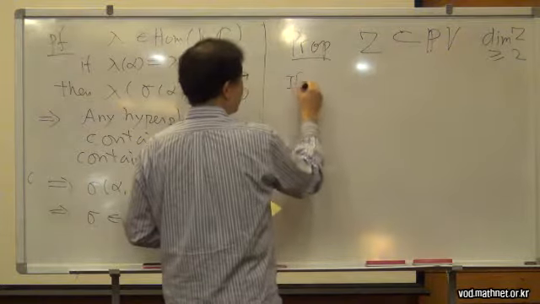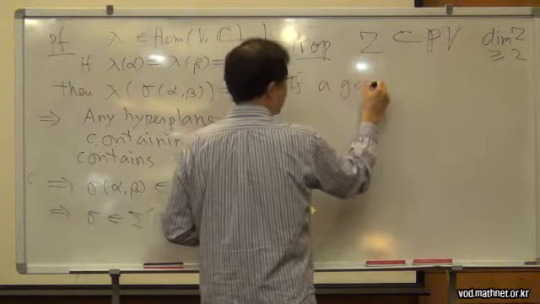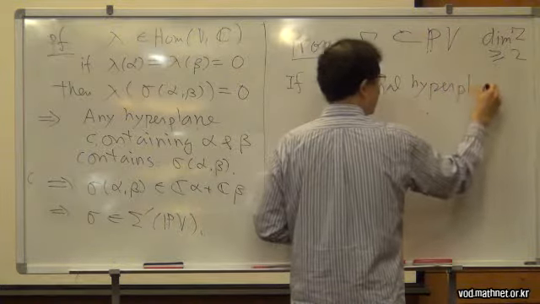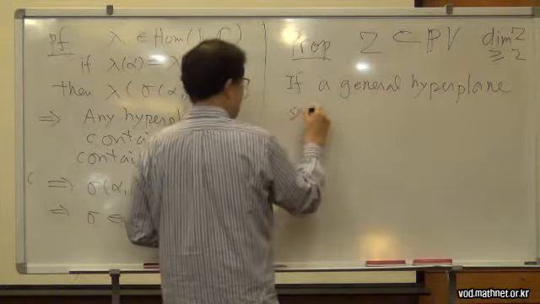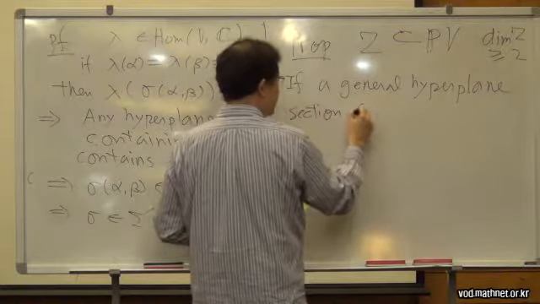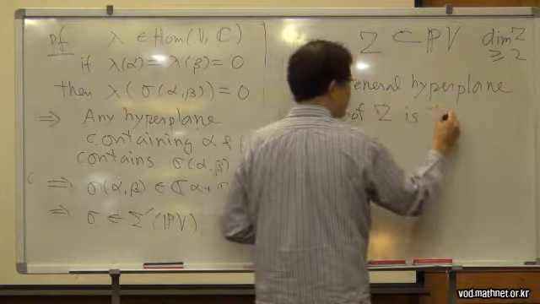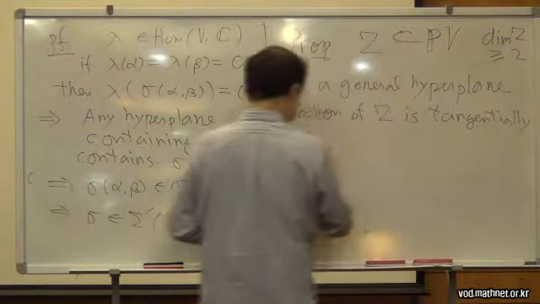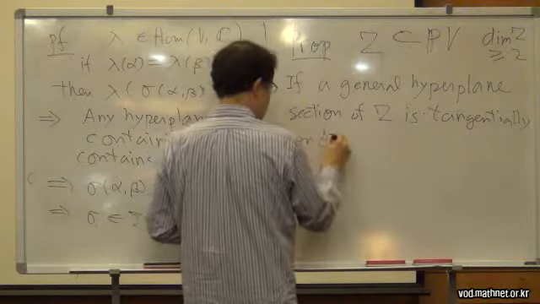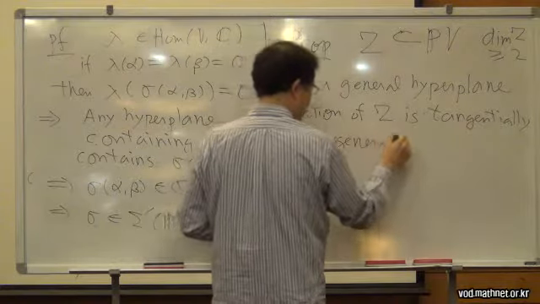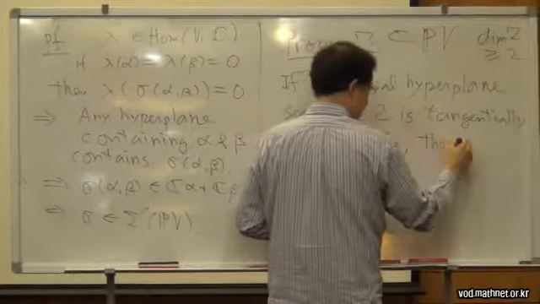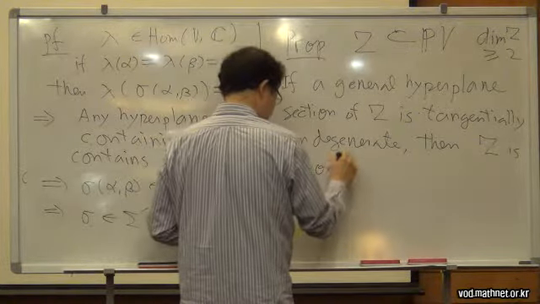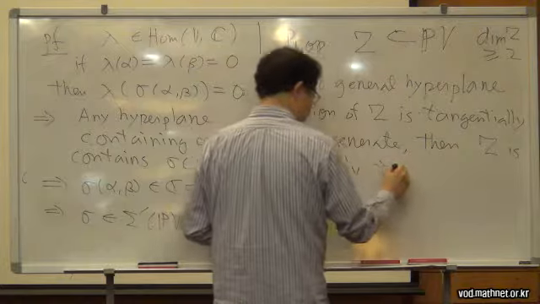If a general hyperplane section of Z is tangentially non-degenerate, then Z is strongly tangentially non-degenerate.